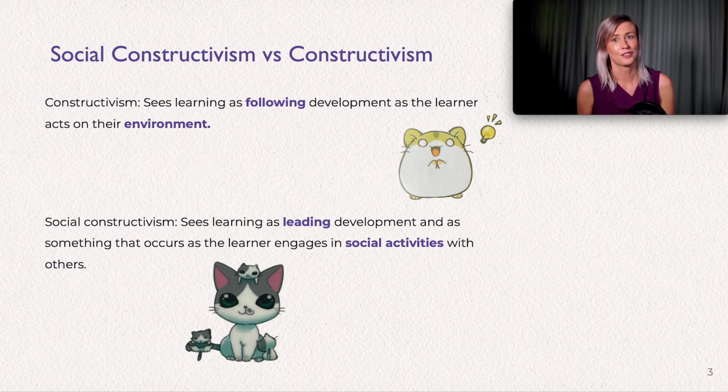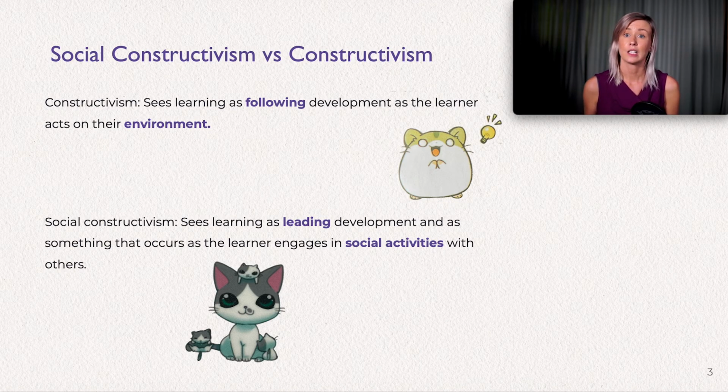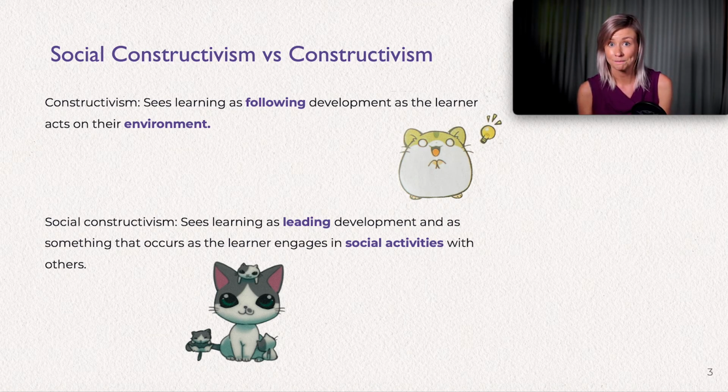But social constructivism sees it the other way around. Here, learning is seen as leading development. So by learning, we get triggered to then develop further. And learning is here seen as something that occurs as the learner engages in social activities together with others.